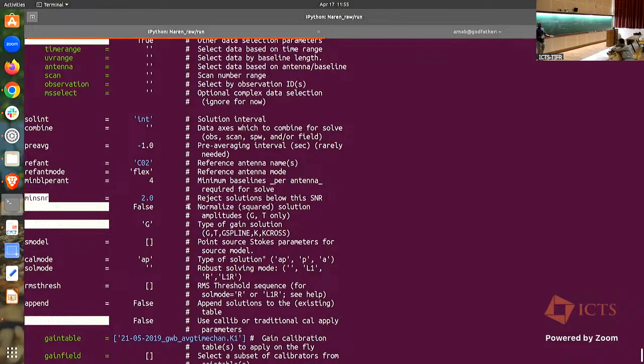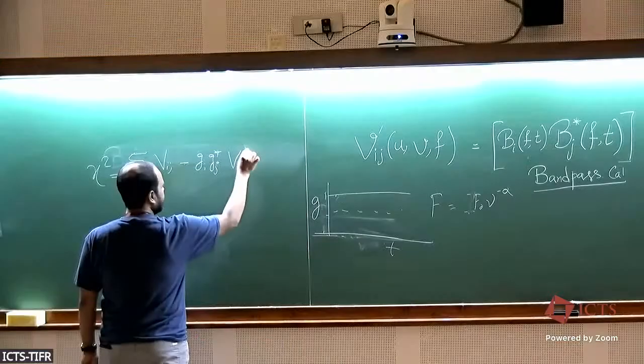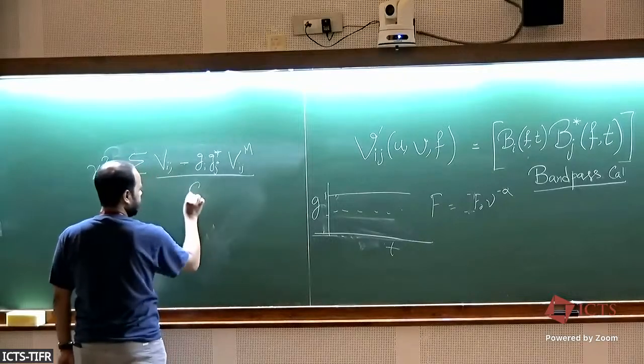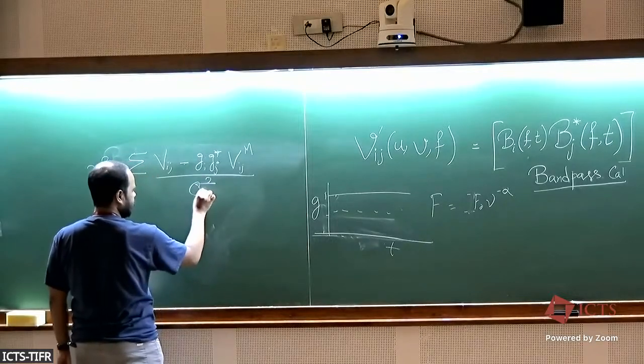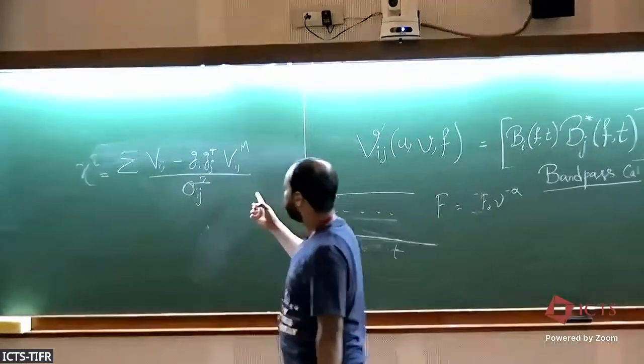The calibration is basically a chi-square minimization, right? You have this chi-square, you have this sum, you have this measured data ij, minus gi gj star. So this is your chi-square, right?